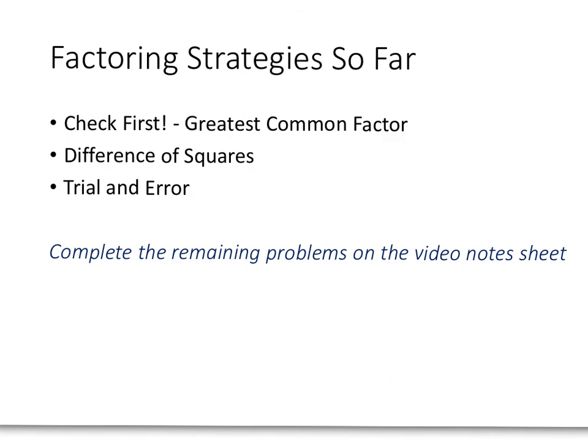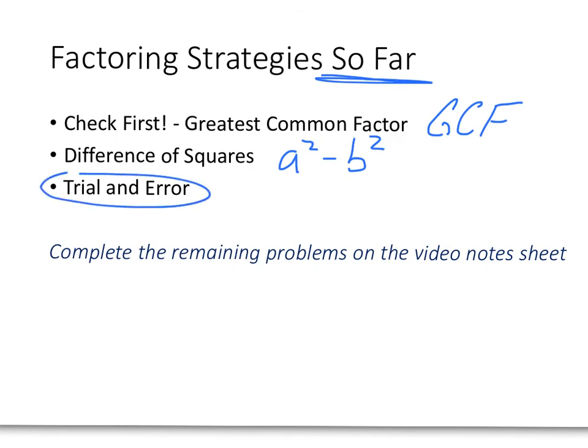So we've uncovered so far a few strategies to get us going on factoring quadratics. We'll learn several more. The greatest common factor is the very first thing you always check, because that'll simplify your life. We just saw a special case: if you can uncover a difference of squares, it factors very nicely. And then what we did early on is trial and error.